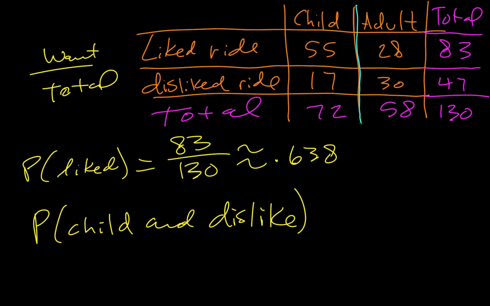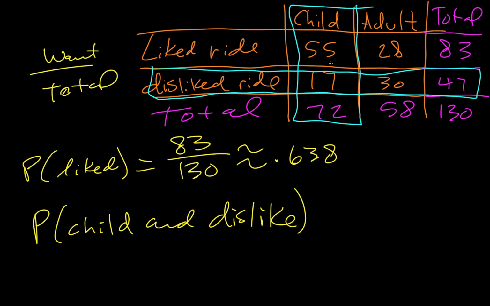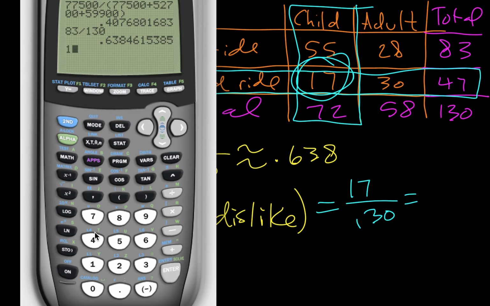So we have child, we have dislike. The place where those overlap is 17, and so that's going to be our want. So that's 17. And once again, our total was 130, everyone who rode it. So we go to our calculator, we do 17 divided by 130. We go to 3 significant figures, so 0.131.